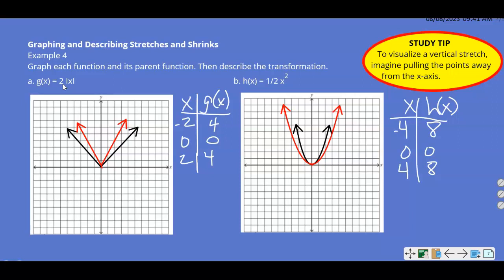It looks a little bit wider here, but it pulls in towards the x-axis. This one, the number here, 2, is greater than 1. It goes in towards the y-axis, and that's how you can tell whether it's a stretch or a shrink.